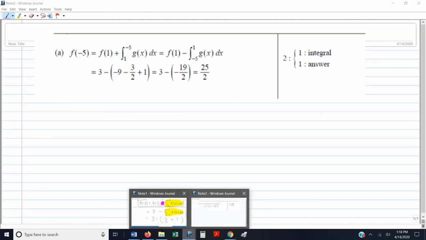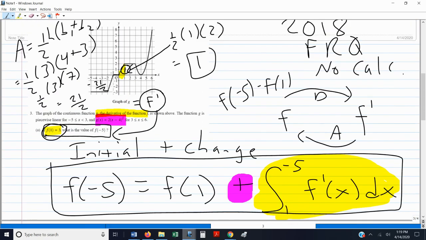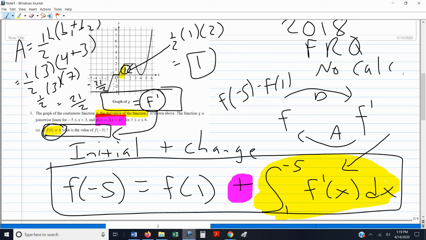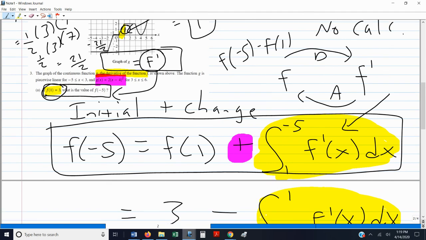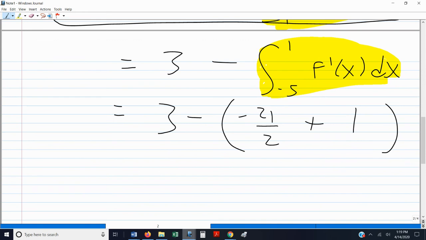I was just looking at how they wrote it as g of x. They didn't write f prime like we wrote f prime right here, but we did define it up here. We said the graph of g is the same as the graph of f prime. So I believe that you would be able to use f prime in your integral, and you don't have to write it as a g, although g would be correct as well because they're equal to each other.